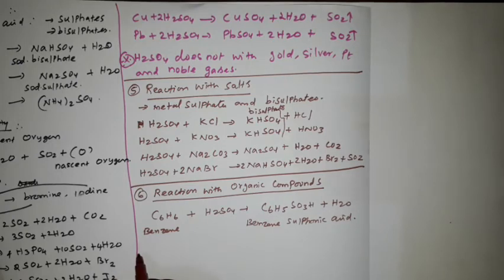So that's all about the chemical properties of sulfuric acid. Next one, uses of sulfuric acid. There are two important uses.